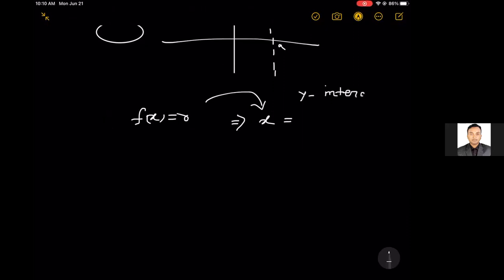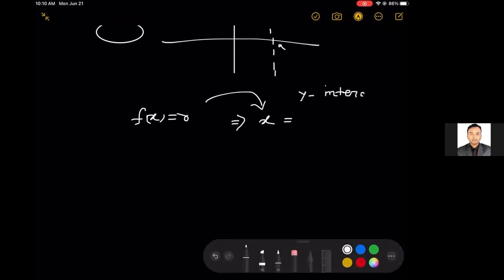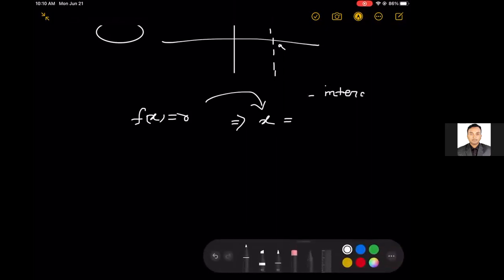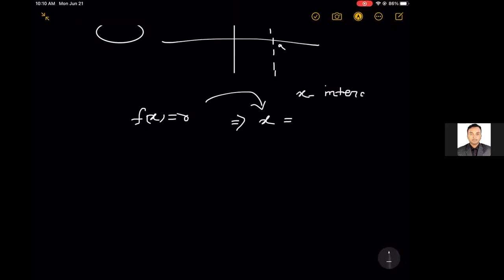Sorry, I shouldn't say y-intercept, it should be x-intercepts, right? Functional value is 0, that means y is 0, yeah. These are x-intercepts. And if you just set x equals 0, whatever you get for that function will be the y-intercept.